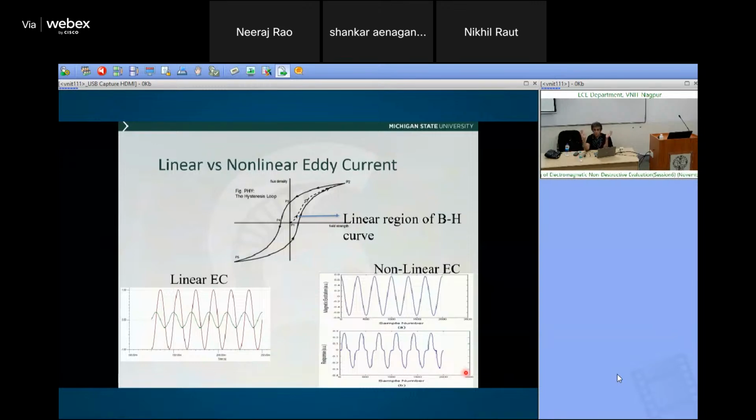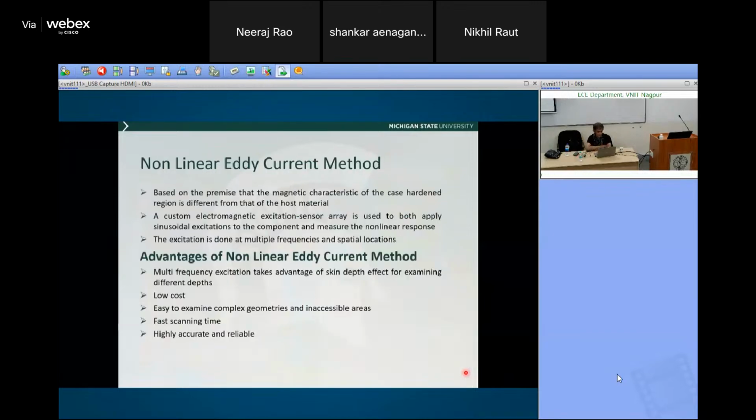That's going to produce one signal. Based on the premise that the magnetic characteristics of the case hardened material and the steel are different, you will get some signal. We don't know at this point. We're not looking at a physics-based method of relating the harmonics. We're just looking data-driven.